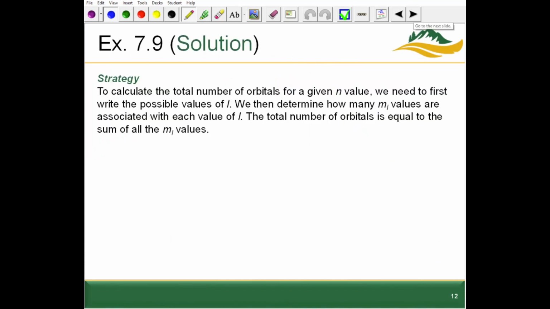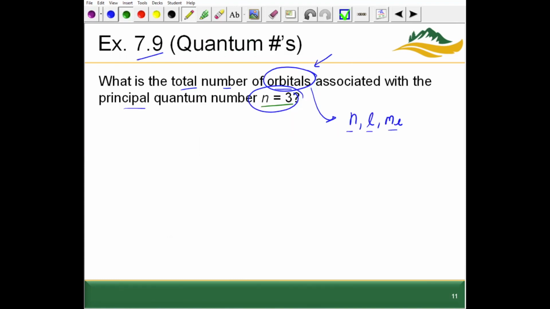To determine the total number of orbitals, remember that's n, l, and m sub l, for a given n value, we first need to write the possible values for l. Then from l, we can determine how many possible m sub l values, and then that will be our final answer. For n equal to 3, l can be 0 up through n minus 1.